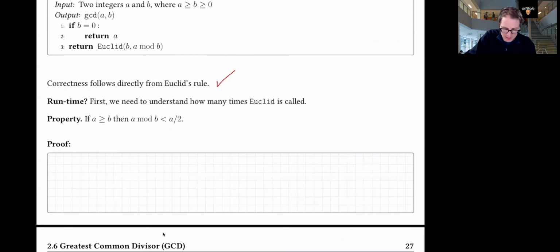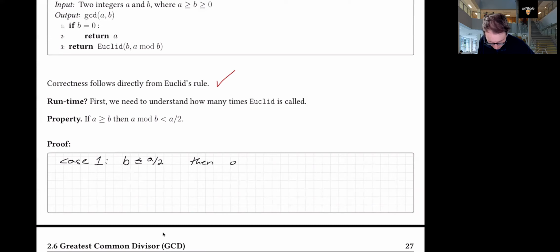Let's consider two cases. We break it up into two possibilities that cover everything. So case one, one option is that b is less than or equal to a over 2.